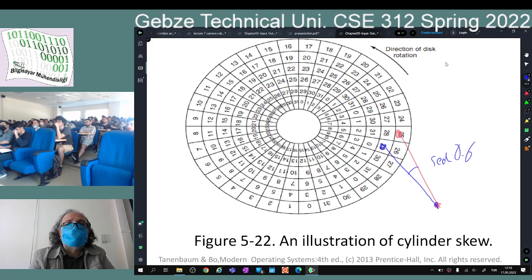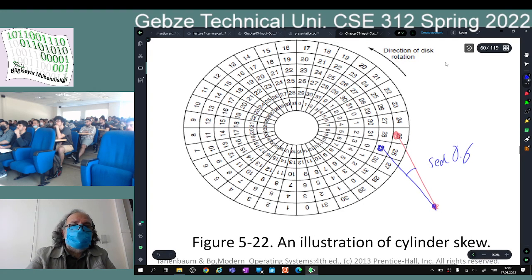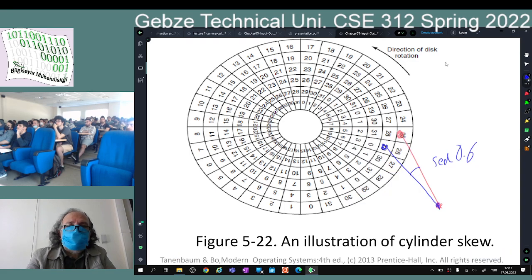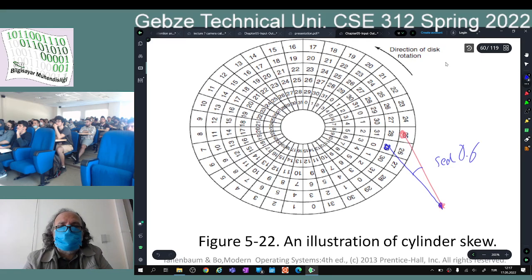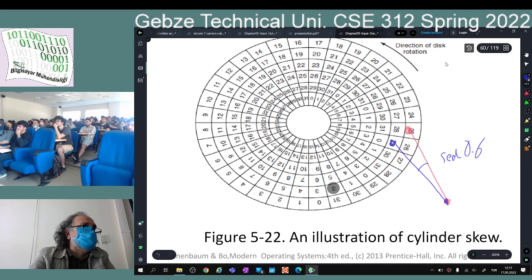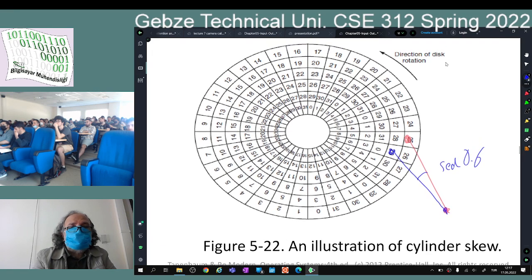So I cannot go directly from this sector to this sector. While I am moving, the disk is rotating. Instead of accessing sector number 29, probably I will access sector number 2 because the disk has rotated. So that's a problem. What am I going to do? I cannot access it the way I wanted.